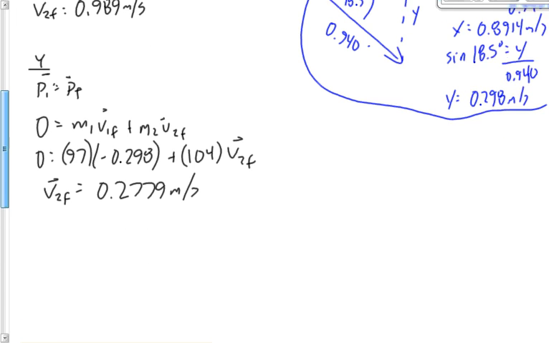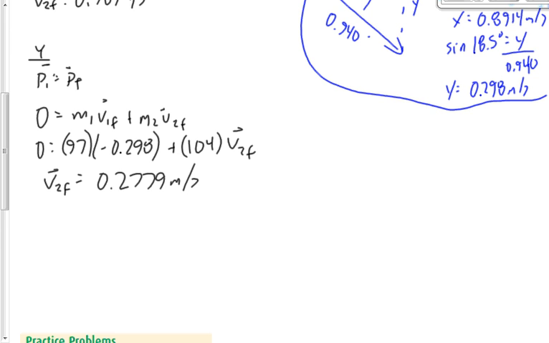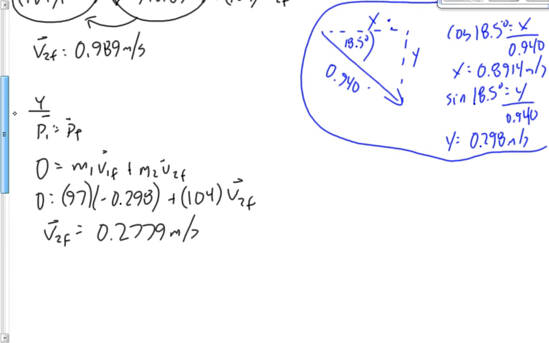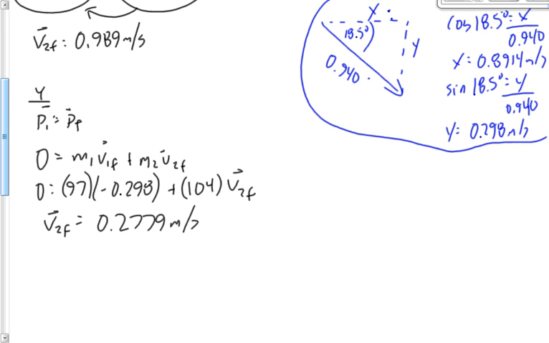All right. Now it's just like all those other problems, right? We've got 0.989 this way. We've got 0.2779 this way, and the resultant speed is this way.